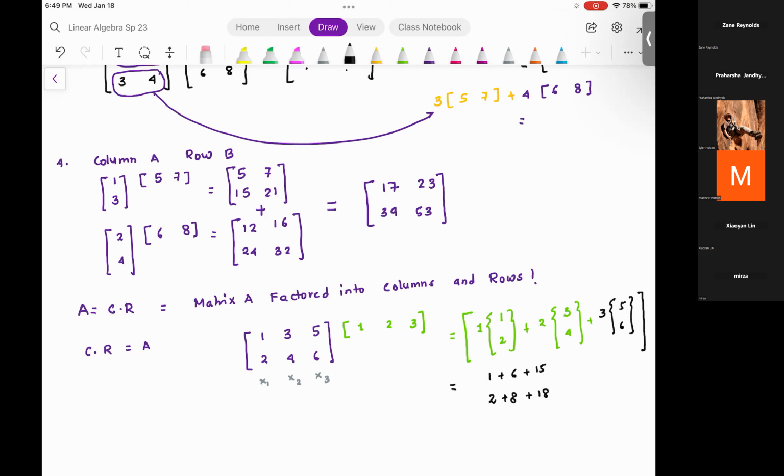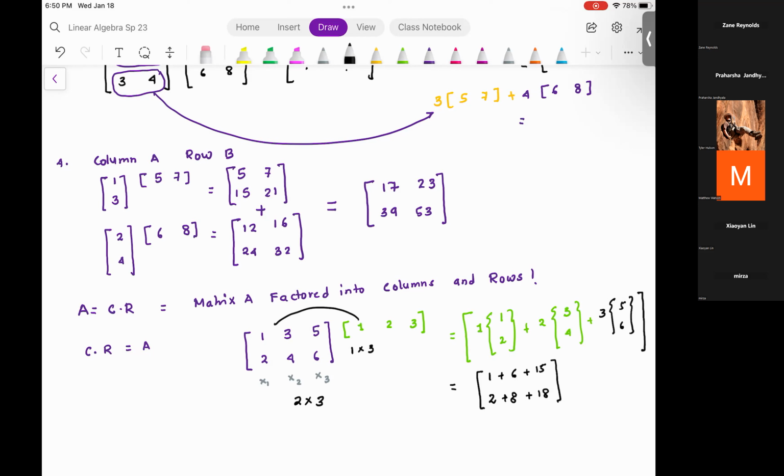So I actually did the multiplication something like this, and I found a vector. Now, as you can see, I have 2 rows, 3 columns multiplied by 1 row, 3 columns.